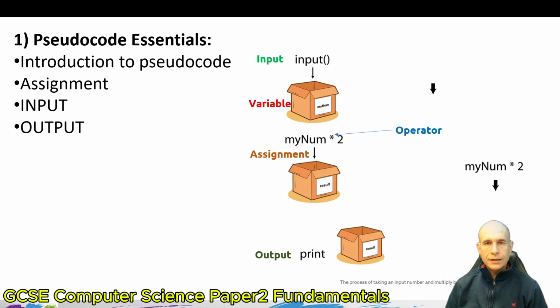Whatever input or information we get from the users, we need to store inside something. So imagine that we have a little container with a label on it called my num, and we are going to ask a user to input a number, and that user will input, let's say, number 3, and that 3 will be stored inside this variable called my num.